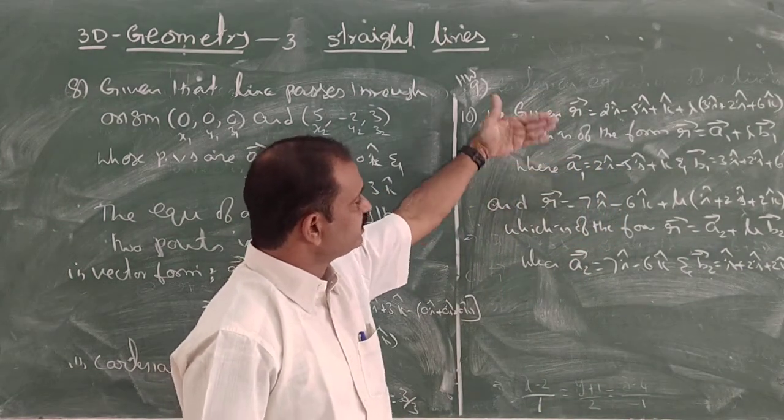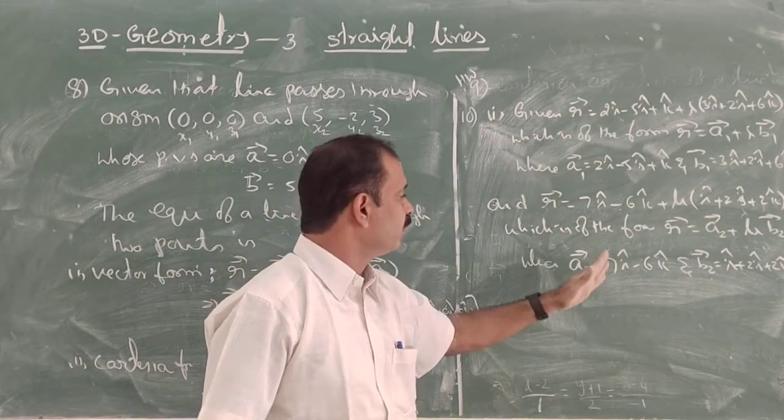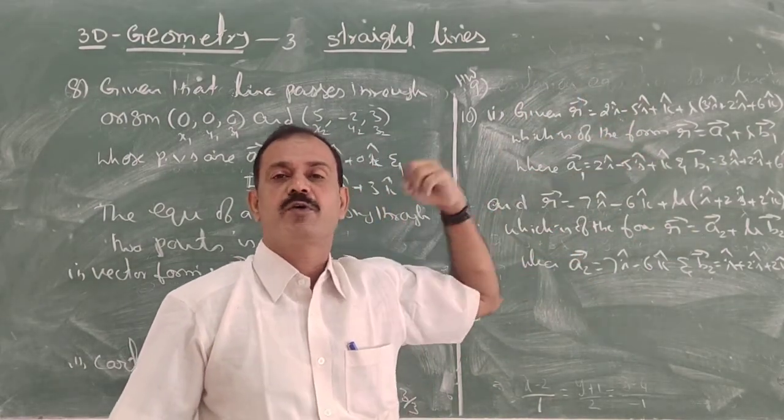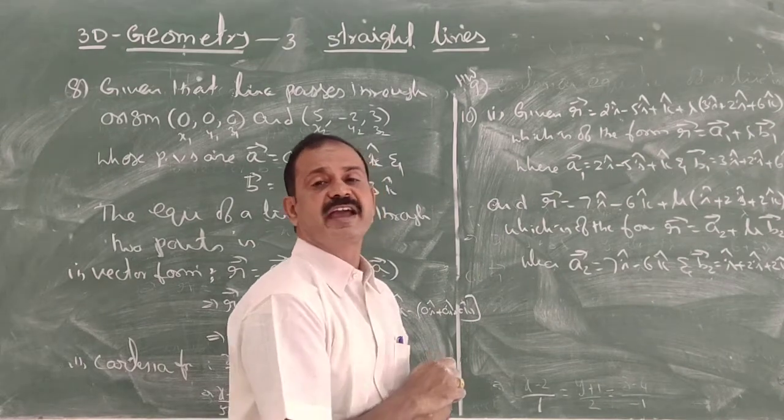Now from the given lines, we have traced out a1, b1, a2, b2, everything. Now how do you find the angle?